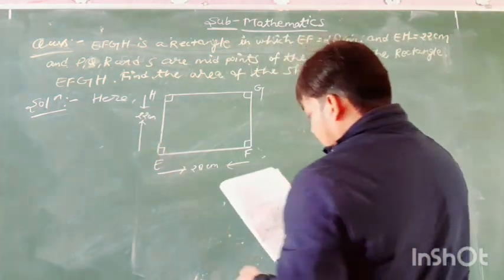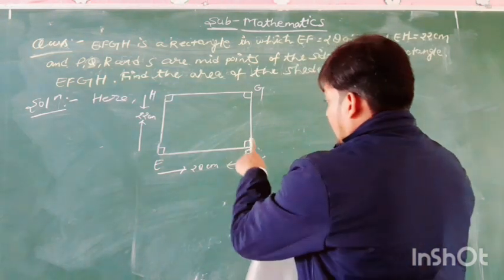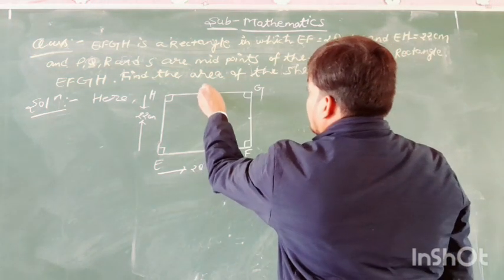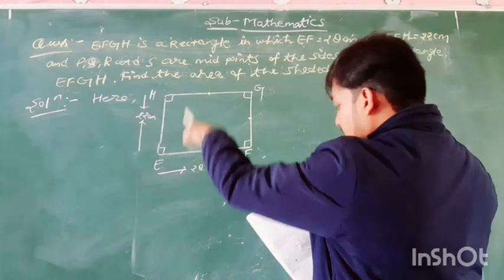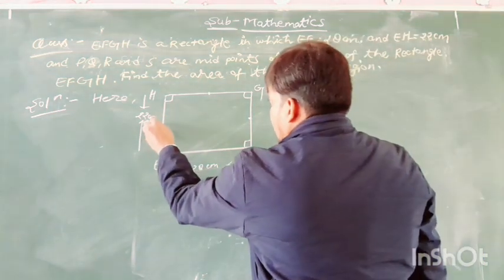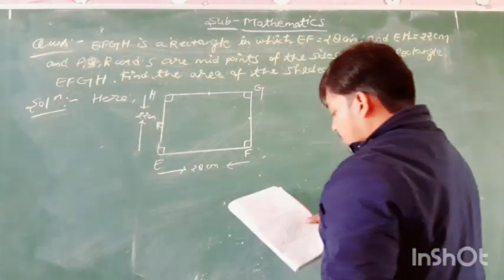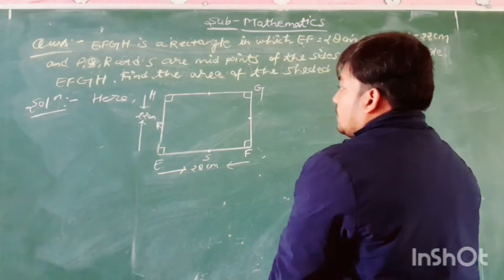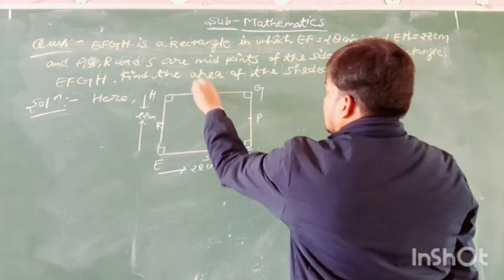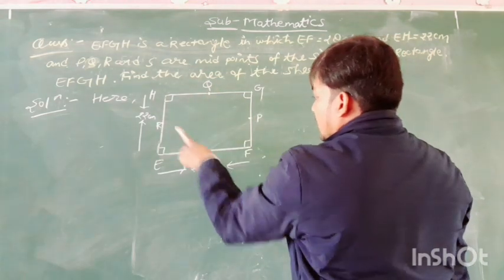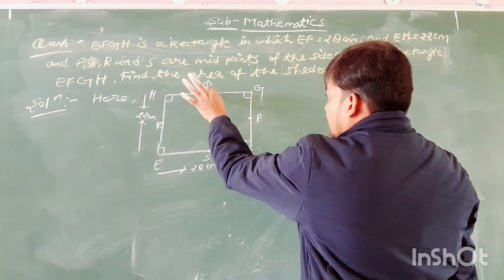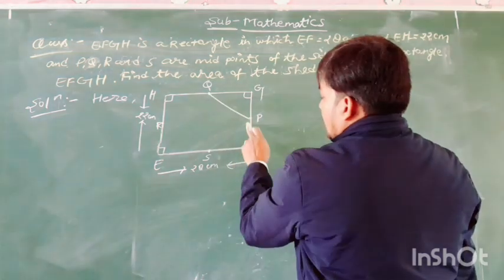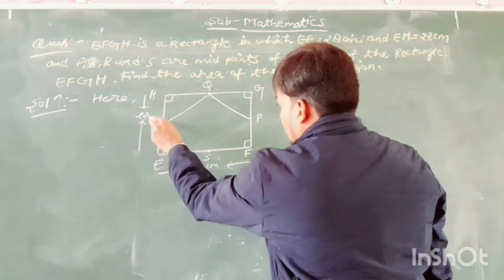So the midpoint of FG is P and midpoint of HG is Q and midpoint of HE is R and midpoint of EF is S. So if we join the vertices P, Q, R and S, then we get a quadrilateral PQRS.